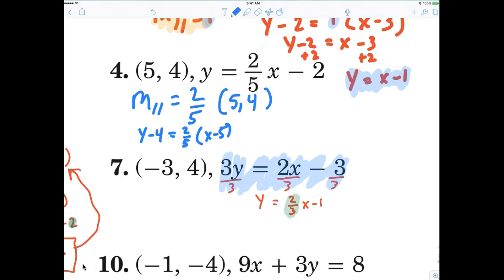Now from there, we're going to do the distributive property. So we say y minus 4 equals 2/5 times x minus 2. Now remember, to do this, you're going 2 times 5, and you're multiplying the fraction. 2 times 5 is 10. 10 divided by 5 is 2. Hopefully you're okay with that.